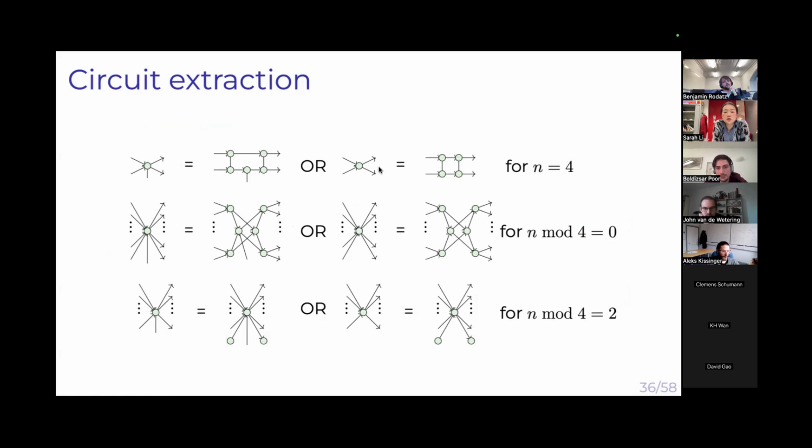I am not going to be going into any more details, but this is the R5 we have already seen, and this was Rn for even number of legs. And we have another, and this was the fusion rule. The second one I think I have shown. And these are the ones we use for the circuit extraction procedure.